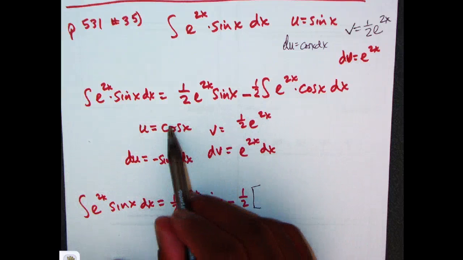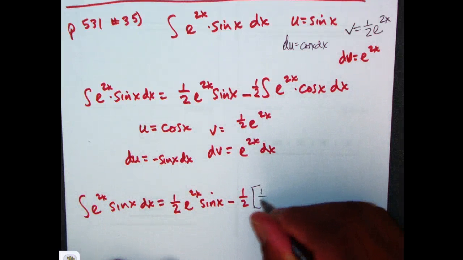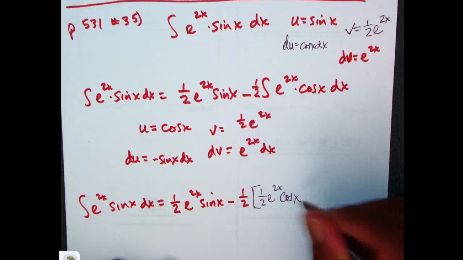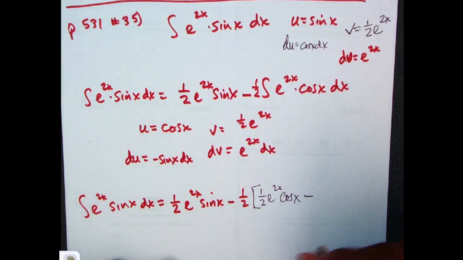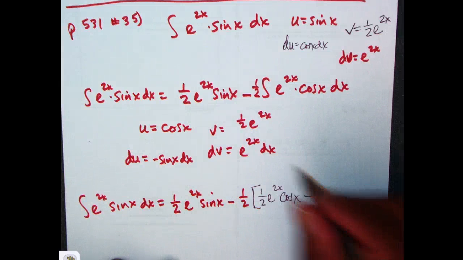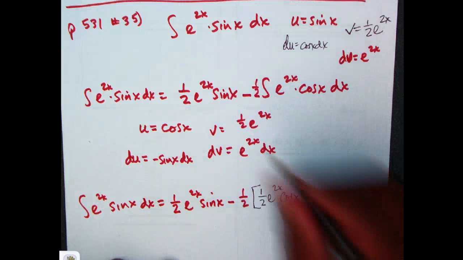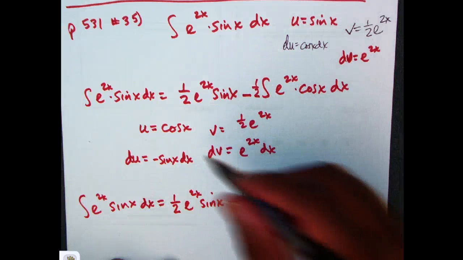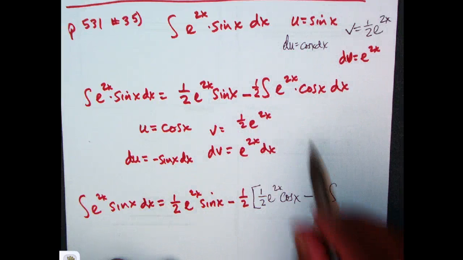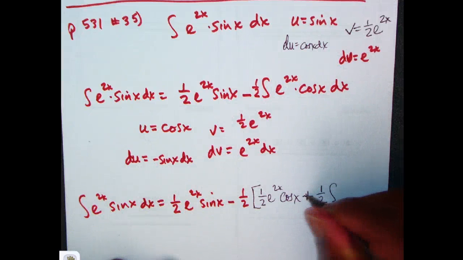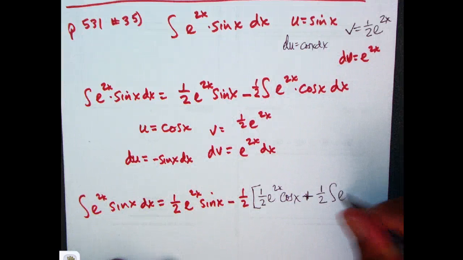So it'll be uv, so that'll be 1/2 e to the 2x cosine of x minus the integral of v du. So that'll be, bring the 1/2 on the outside, so that's 1/2 the integral of v du. So it's actually minus, du is a negative sine of x, so that'll make that a positive. And so that's e to the 2x sine of x dx.